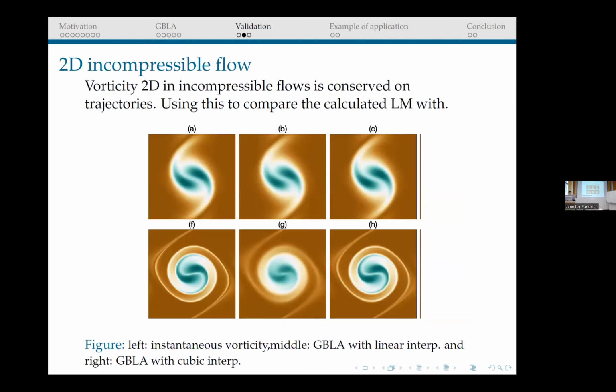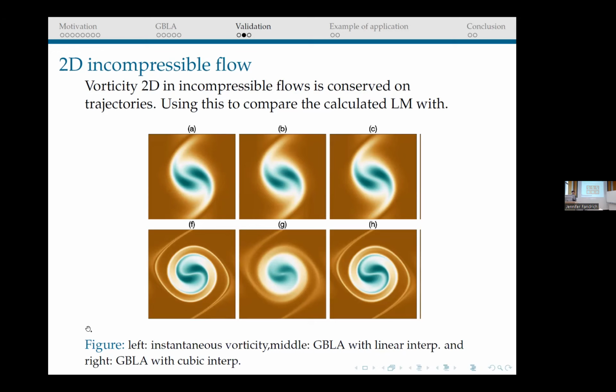Then I went to a 2D flow. If you remember from my early slides, vorticity is conserved on particle trajectories in 2D incompressible flow. I can use that as a fact to know the exact value of the Lagrangian mean, which is the instantaneous vorticity field.